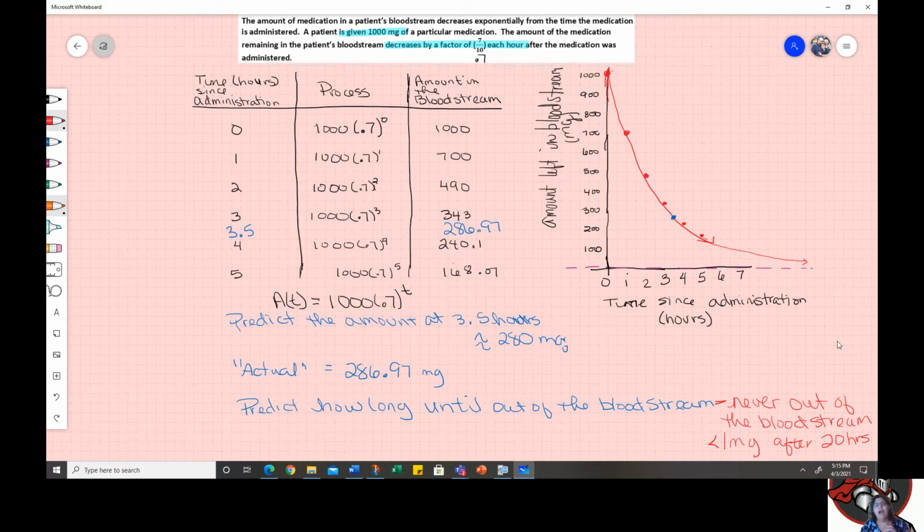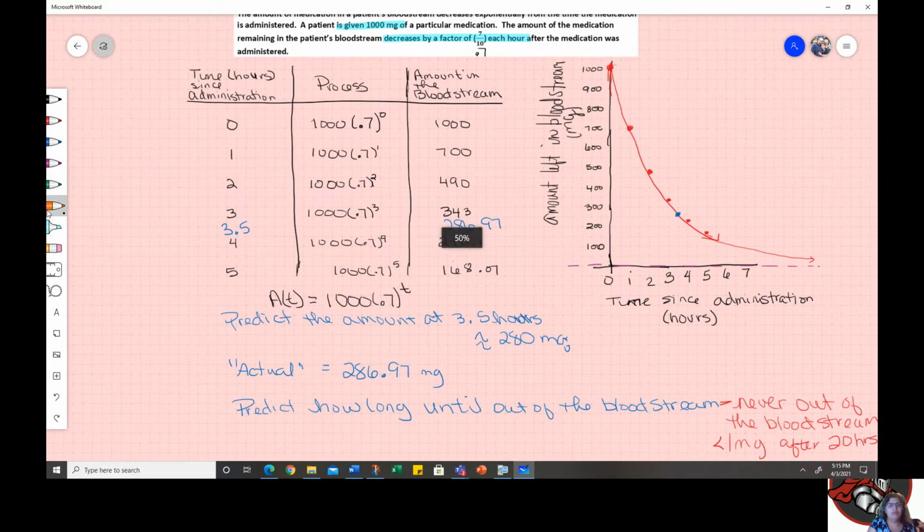Medications are one of our more common exponential functions that we work with, especially with exponential decay. All right, so let's talk about domain and range. When we look at the domain of our function here, it's going to start at 0 and it's going to continue. Again, it's never going to be completely out of our system.